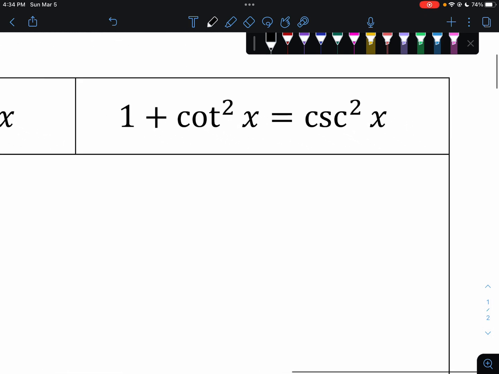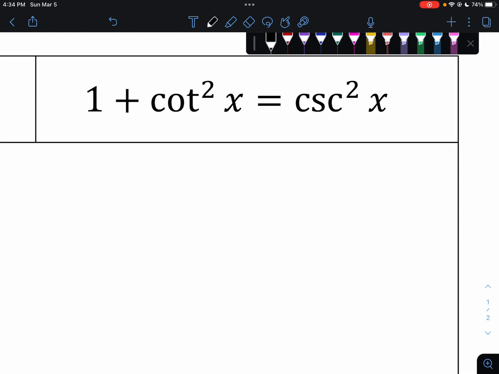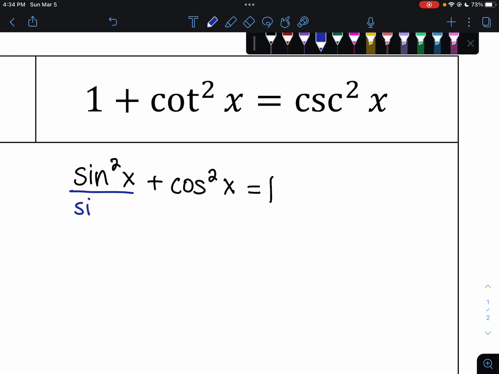Looking at the last one, so again, I'm going to take my original sine squared x plus cosine squared x equals 1. And now, instead of dividing it by cosine, I'm going to divide it by sine squared x. Divide each term by sine squared x.